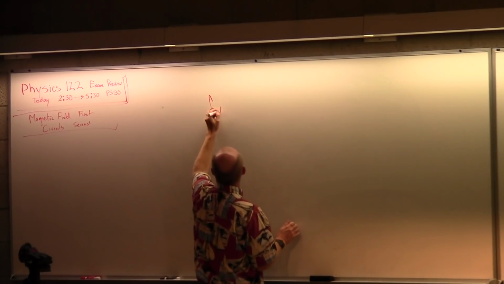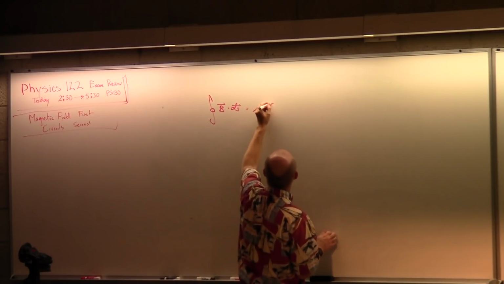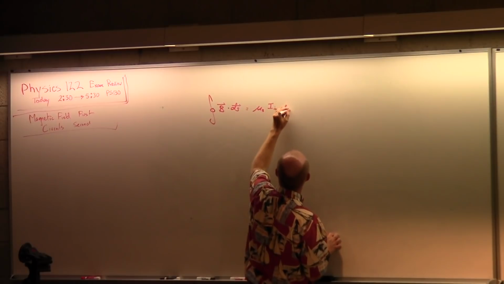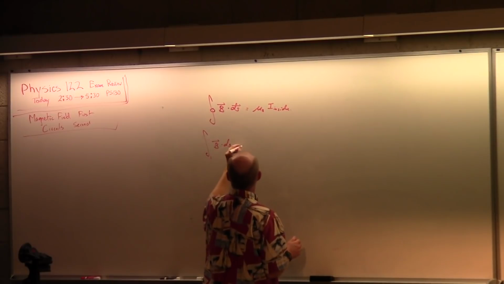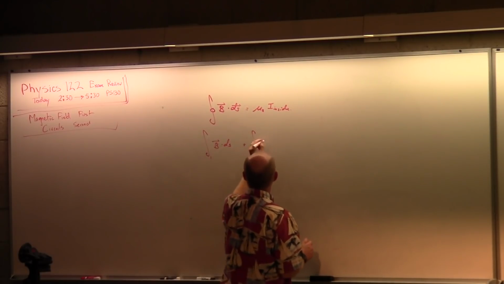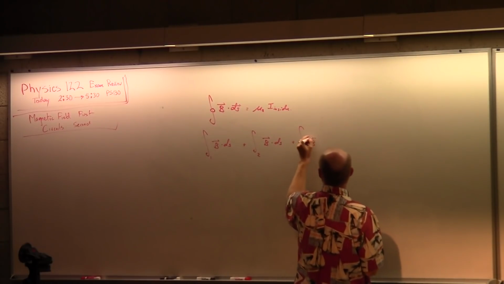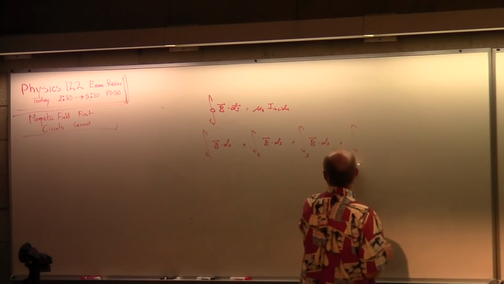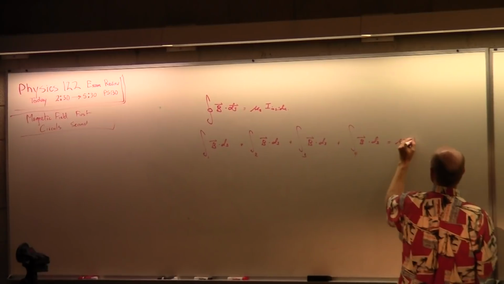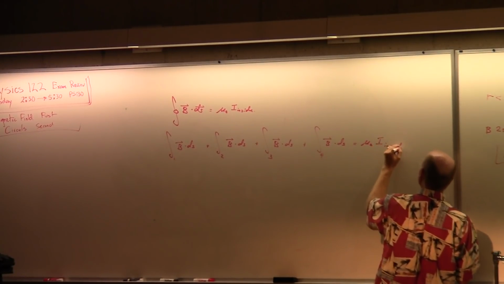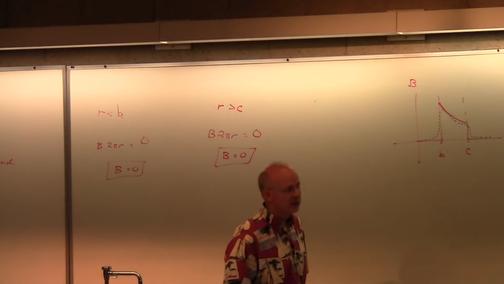Because if you integrate B dot ds equals mu naught times the current inside, then what we have is the section of loop 1, section on loop number 2, section on loop number 3, and section on loop number 4 equals mu naught times current inside. So there's our 4 pieces for Ampere's law.